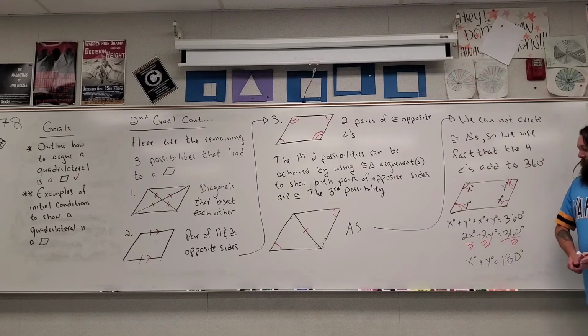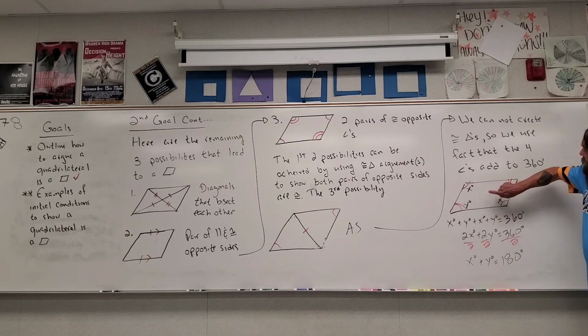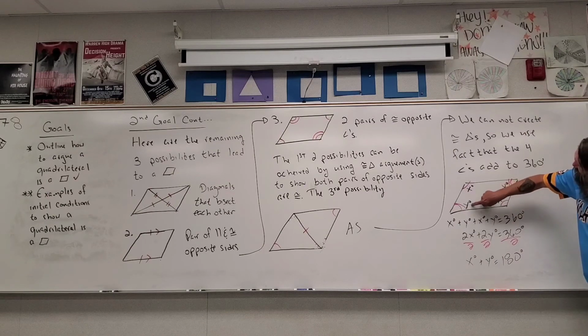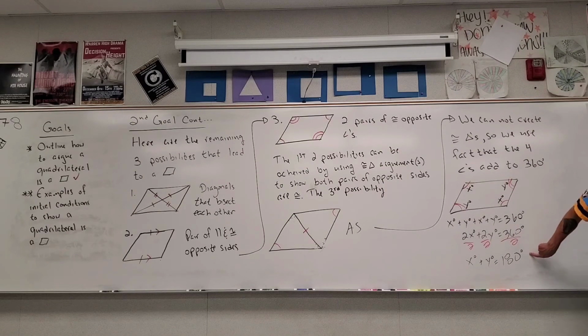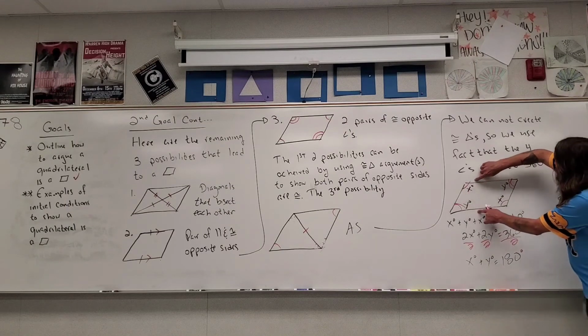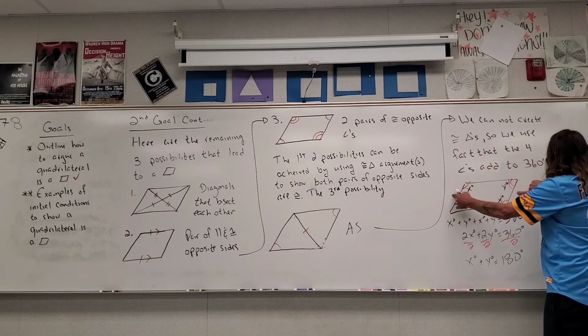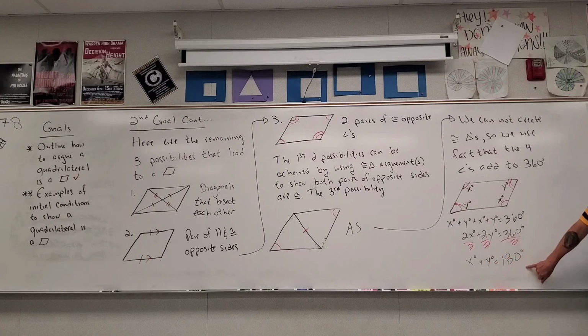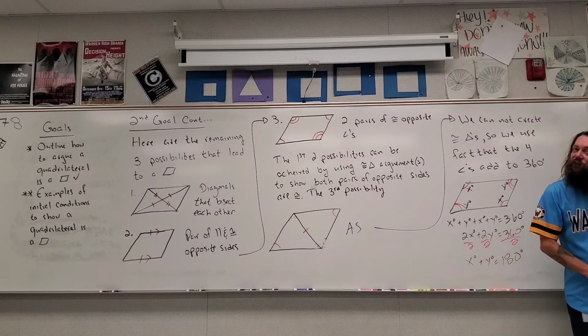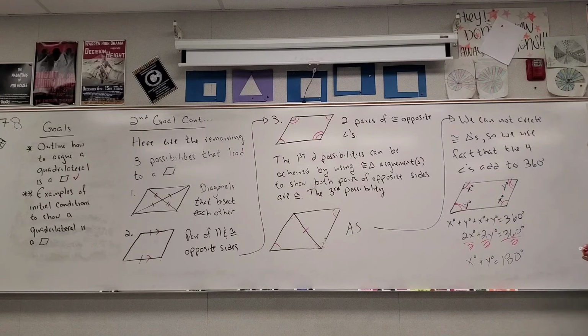Guess what? x and y, x and y, those are same side interior angles, and they're supplementary. So that means that these must be parallel and these must be parallel. So I've shown that I have same side interior angles that are supplementary, so opposite sides must be parallel.